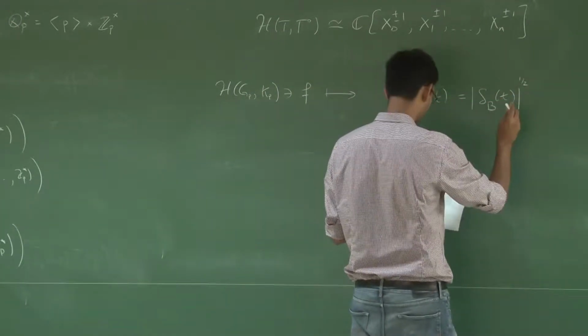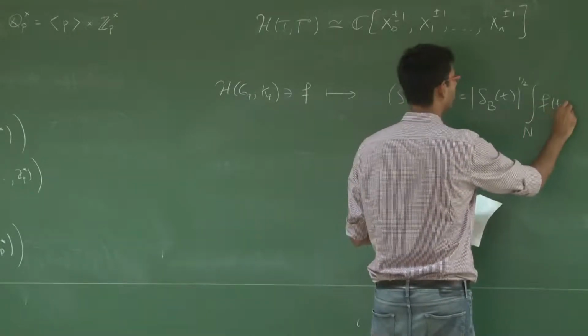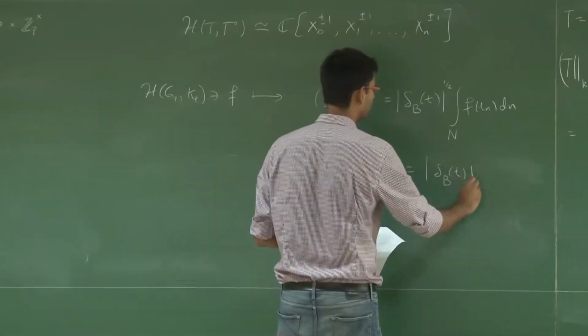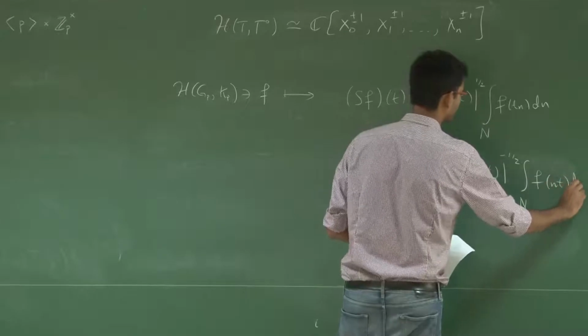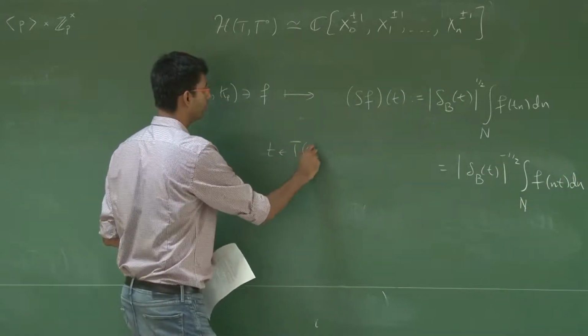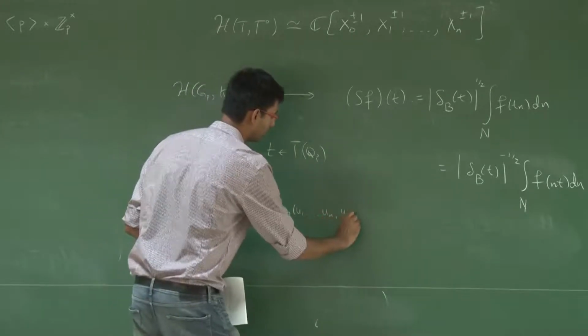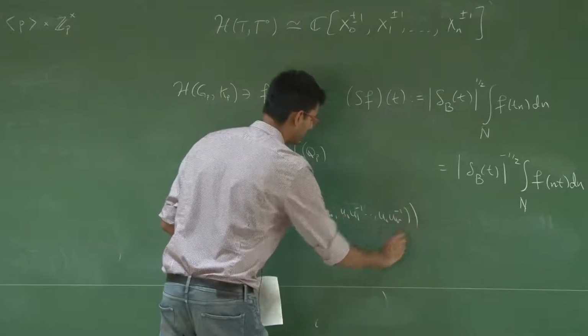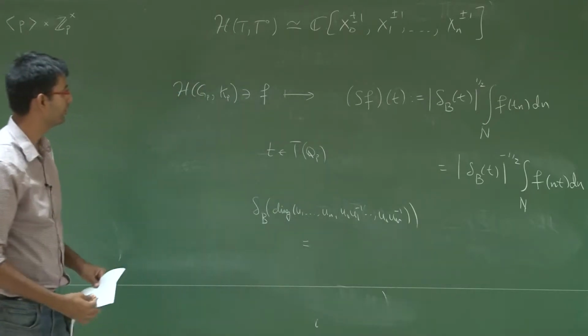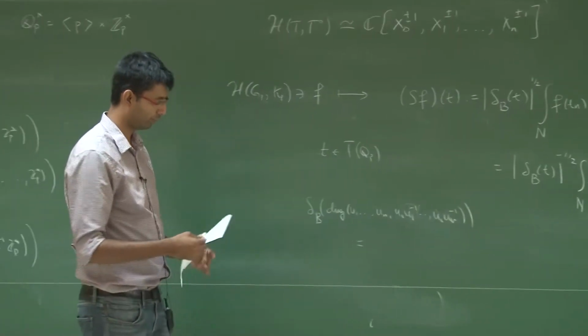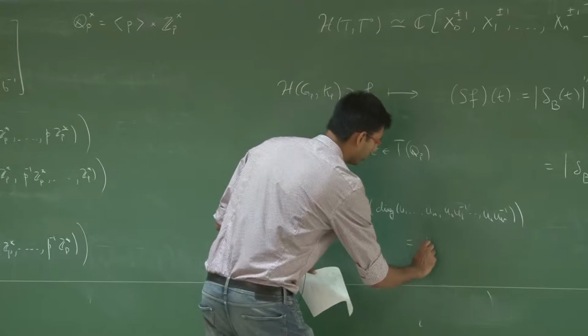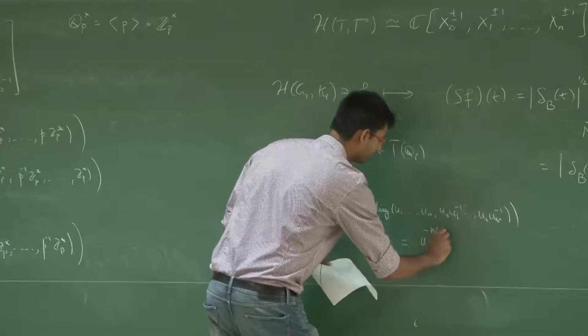Satake map of f evaluated at t, where t is in T(QP), and delta B of an element is given by a formula which just gives you some powers of the u's, and well, it's a relatively complicated formula.